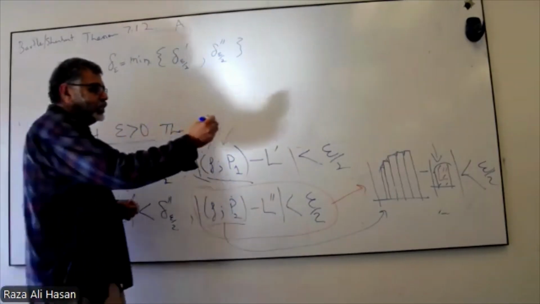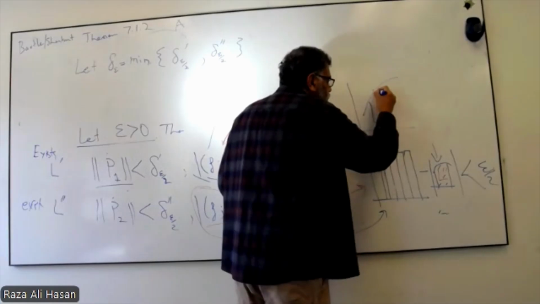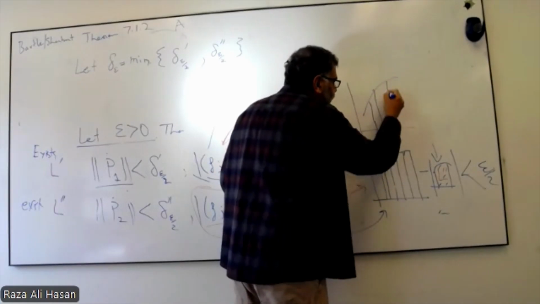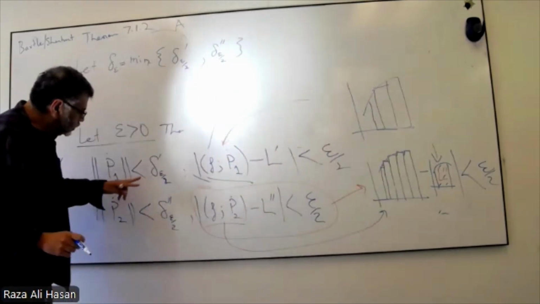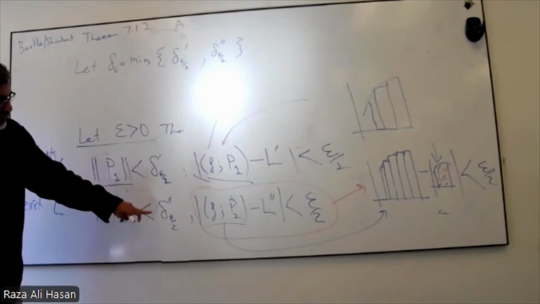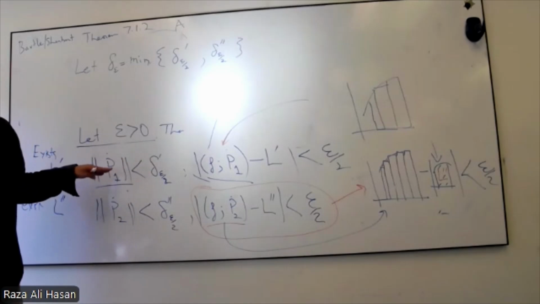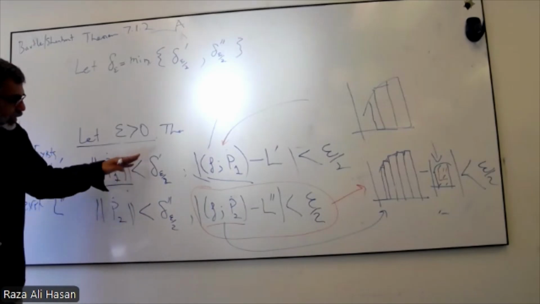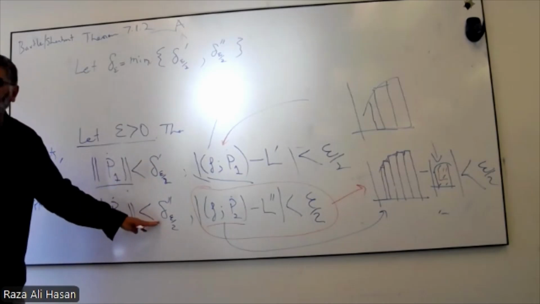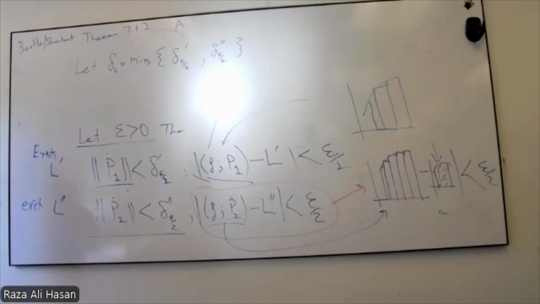Versus for this, it looked like this, right? The one with the widest base would have to be bigger than this in order for this number to be smaller. So this can be bigger, this has to be bigger, and this can be much smaller for this whole thing to still be true.